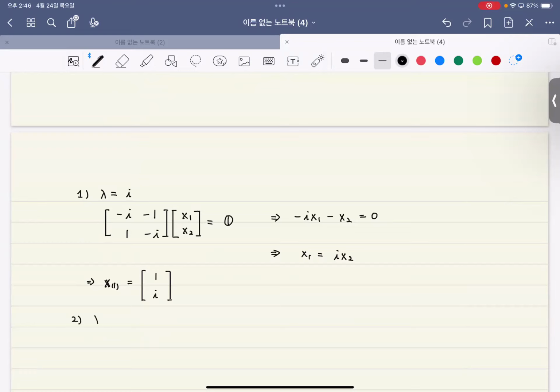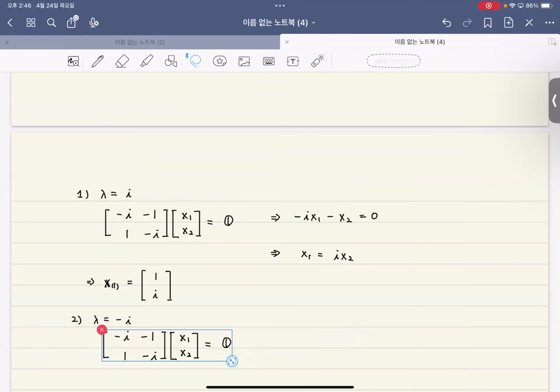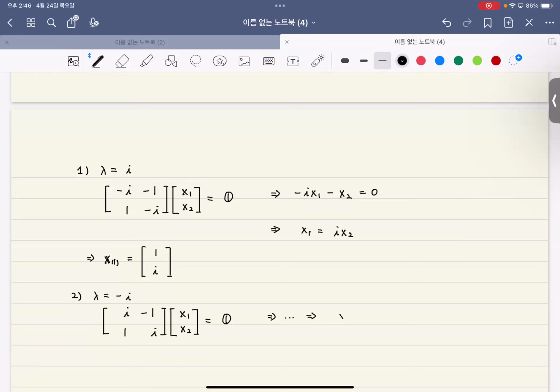And number 2, what about the eigenvalue minus i? Then in this case, we want to solve this equation, and by the same computation, I have x2, which is 1 and, oh, sorry, I messed up.